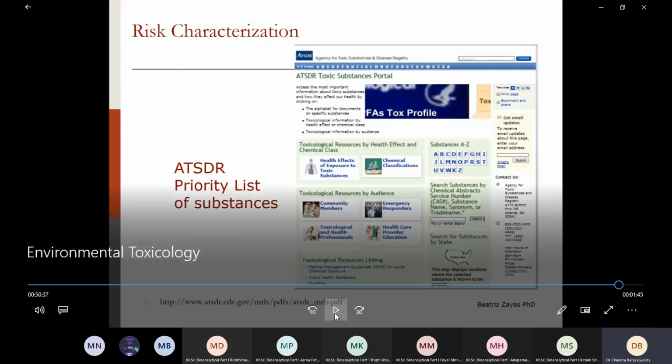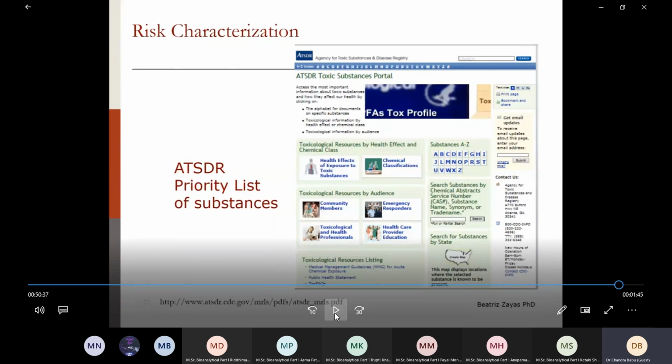So guys, this is the last part of the information: www.atsdr.cdc.gov. It's the CDC site, the government site in the US, which will give you the idea about the list and the ATSDR toxic substances portal.